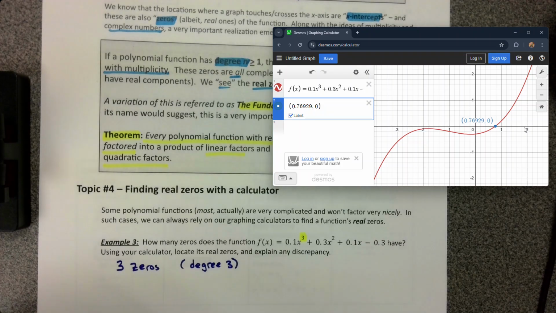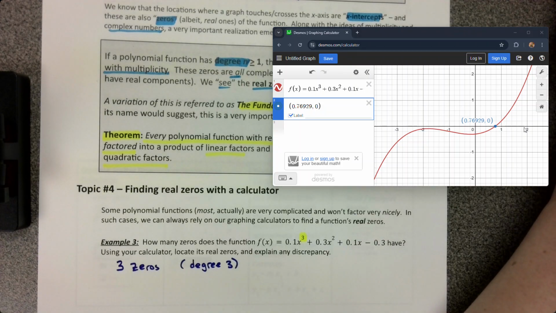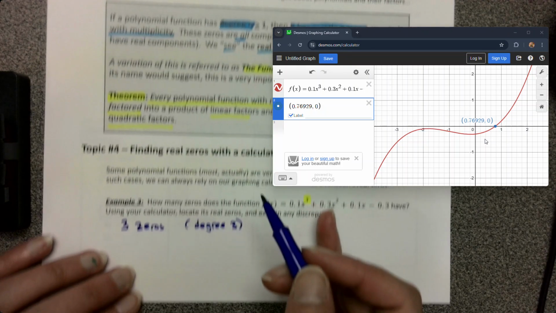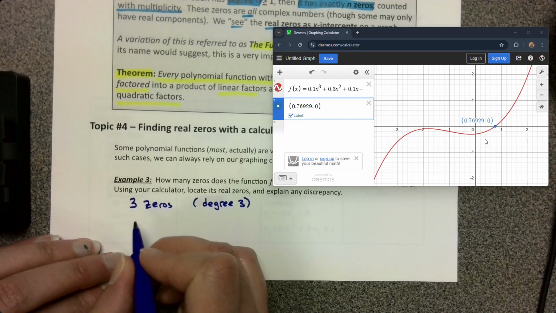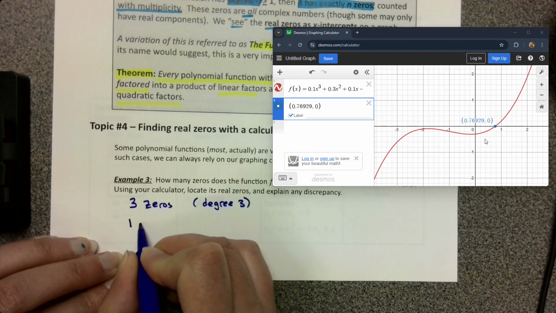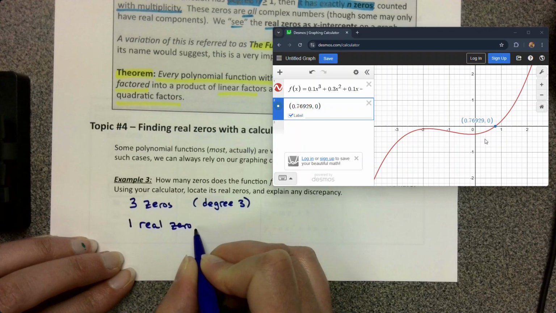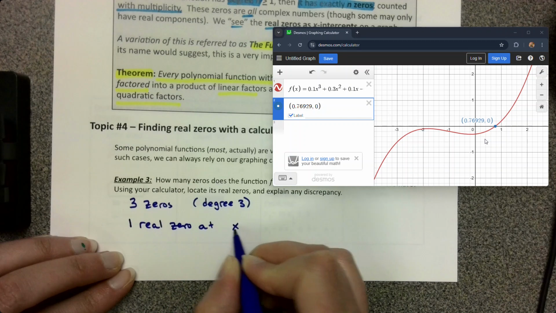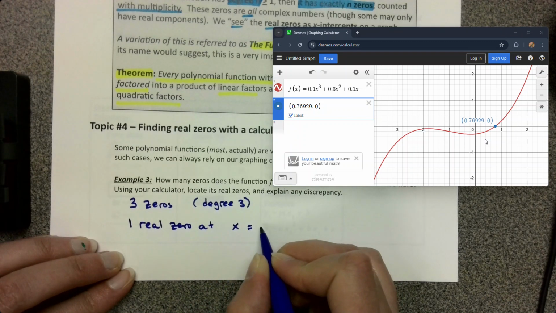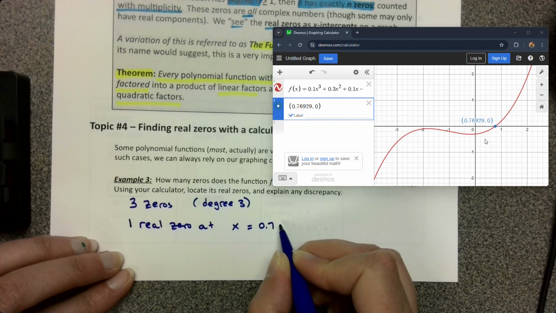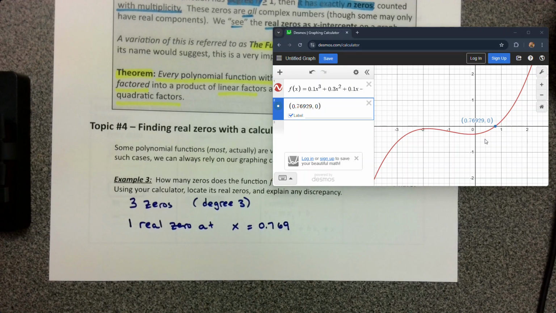So there seems to be one real 0 at x equals 0.769, and that is the only 0 that I can see.